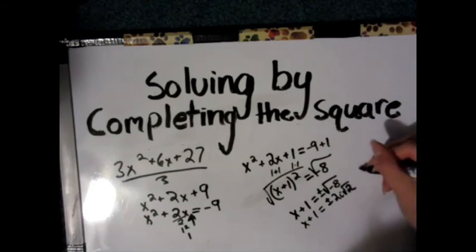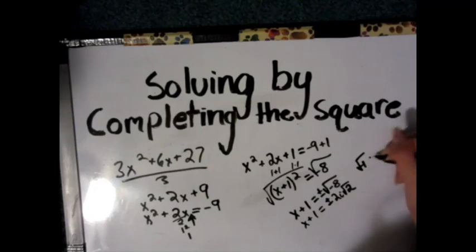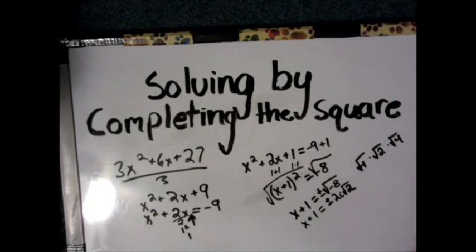And that works because the square root of negative 1 times the square root of 2 times the square root of 4 is the same thing as the square root of negative 8. And then you just simplify each piece.